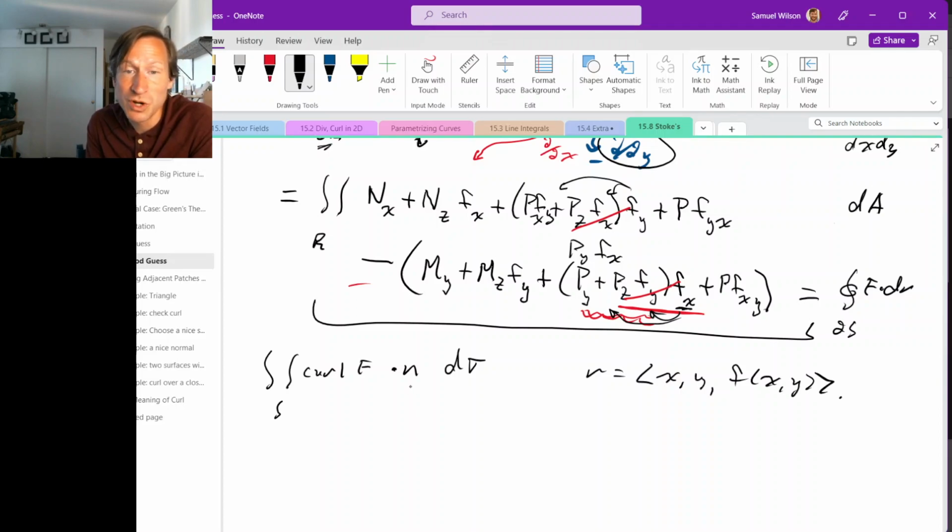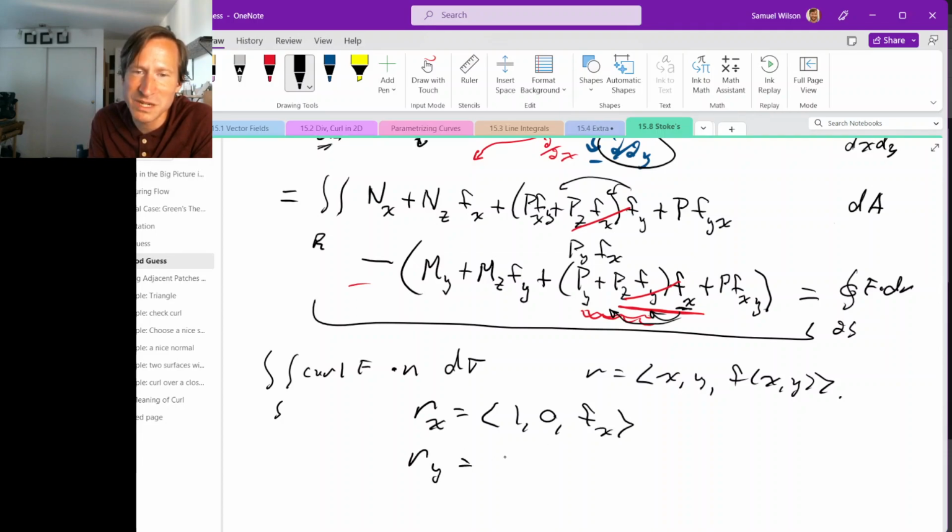Okay, so to work out n, we need to take the derivative of r with respect to x. That gives us 1, 0, and then the derivative of little f with respect to x. When we take the derivative of r with respect to y, we get 0, 1, and then the derivative of f with respect to y.